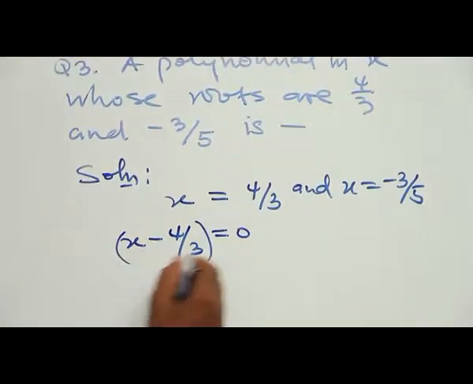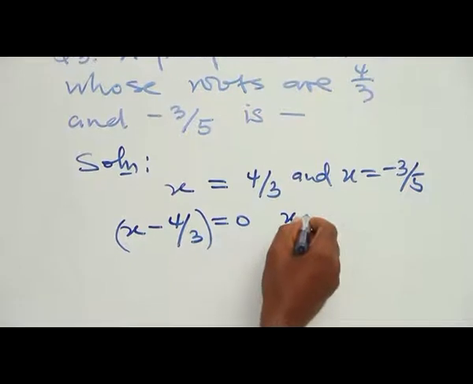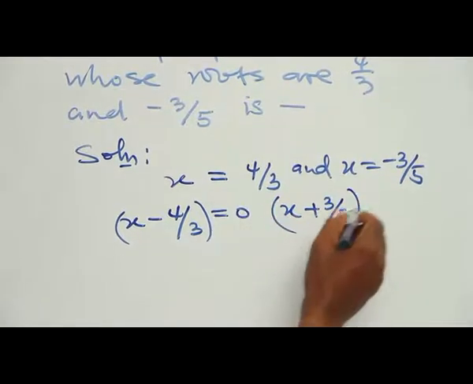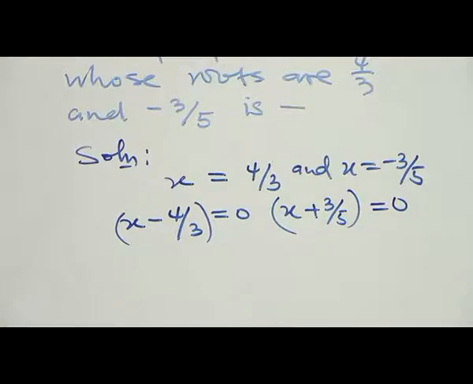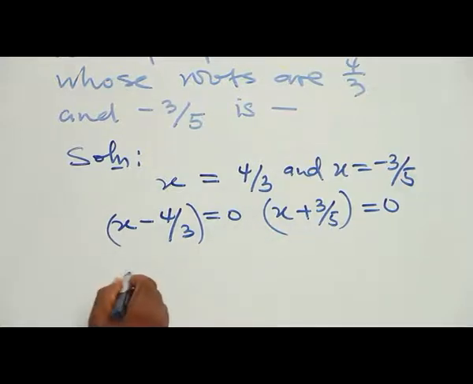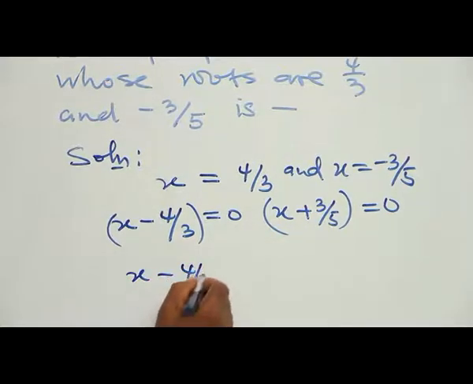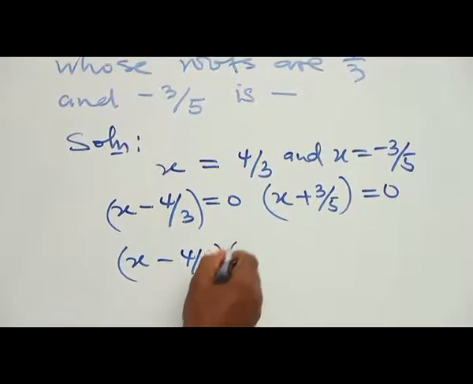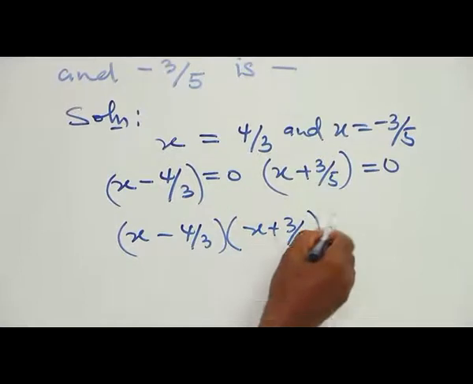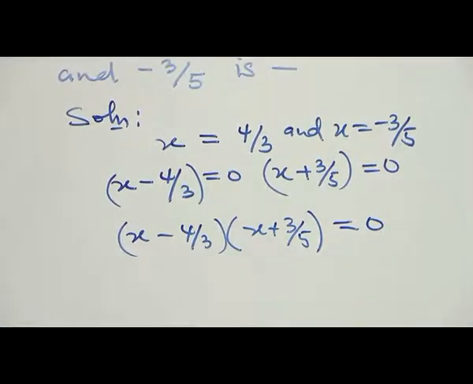Put this in bracket, and then we have s plus 3 all over 5 is also equal to 0. Now, in solving a quadratic equation, you will now multiply the factors. So s minus 4 over 3 times s plus 3 over 5 will now be equal to 0.